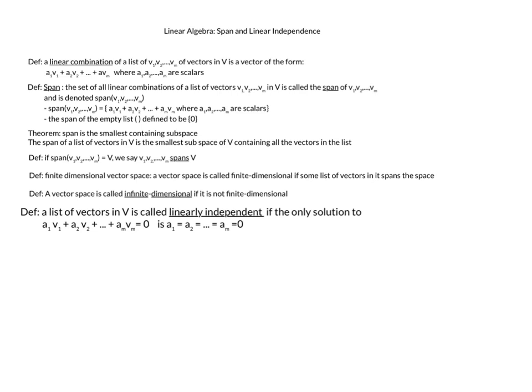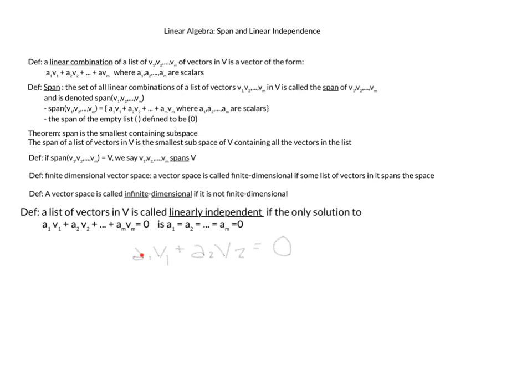Some intuition behind linear independence: it means the only linear combination of these vectors that will give you 0 is if all of the coefficients are 0. In other words, there's nothing that looks like a1v1 plus a2v2 that will give you 0 unless the coefficients are all 0.